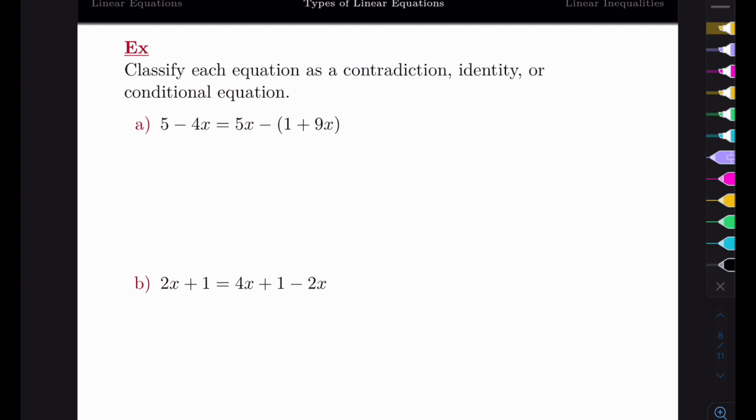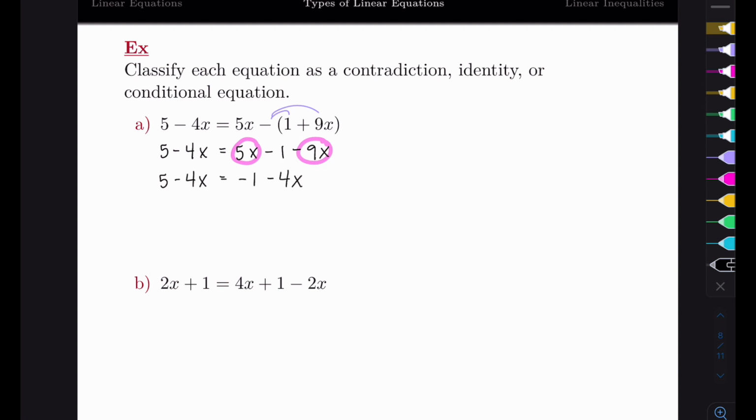So for this first one, I'm going to go ahead and distribute that minus sign still. So this gives us 5 minus 4x is equal to 5x minus 1 minus 9x. And then we can group some things. We have 5x minus 9x. So we get 5 minus 4x equals negative 1 minus 4x.